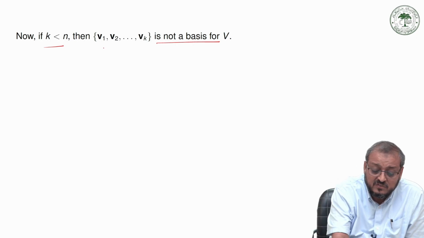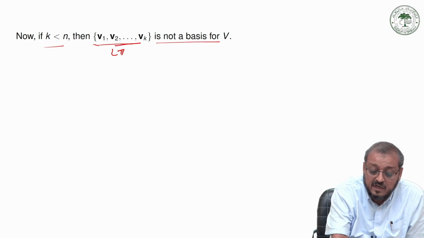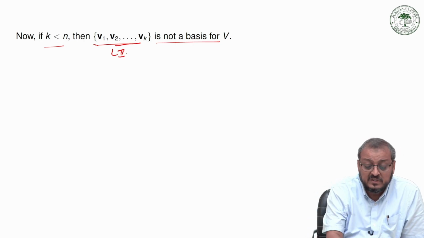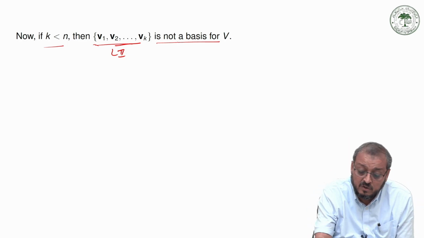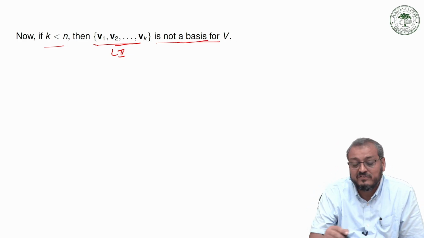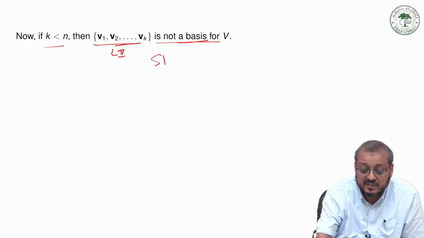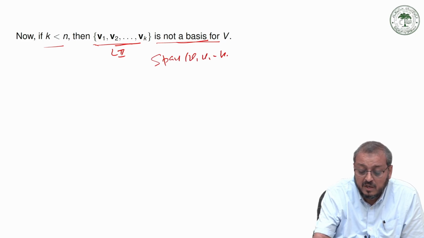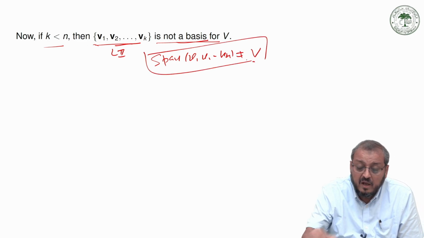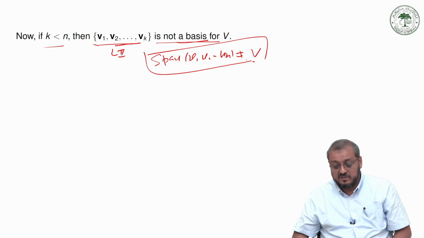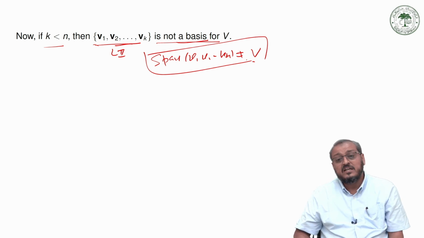But these k vectors are linearly independent. So the only thing happening is that the span of v1, v2, ..., vk is not equal to V; it does not generate the whole space.